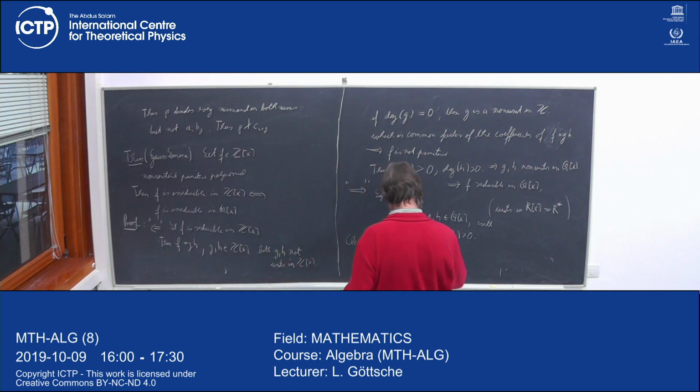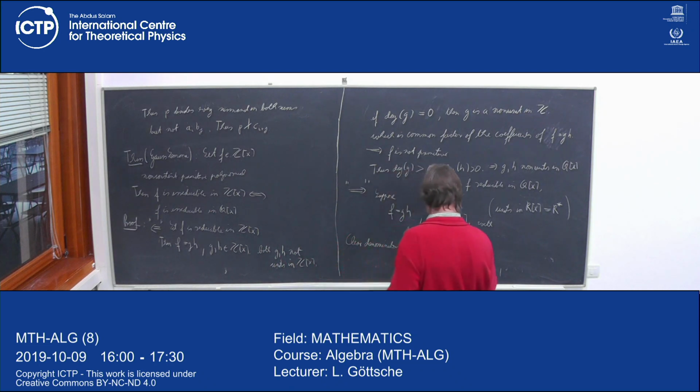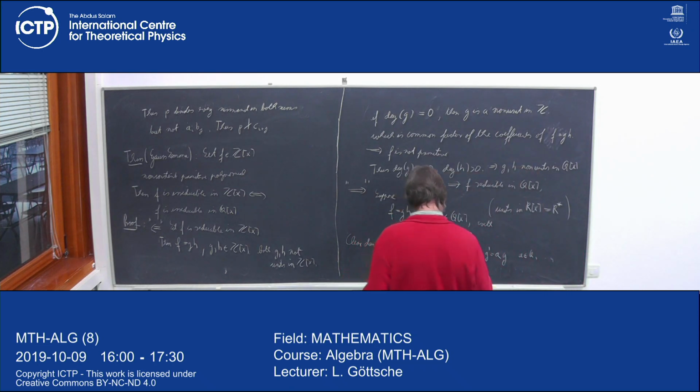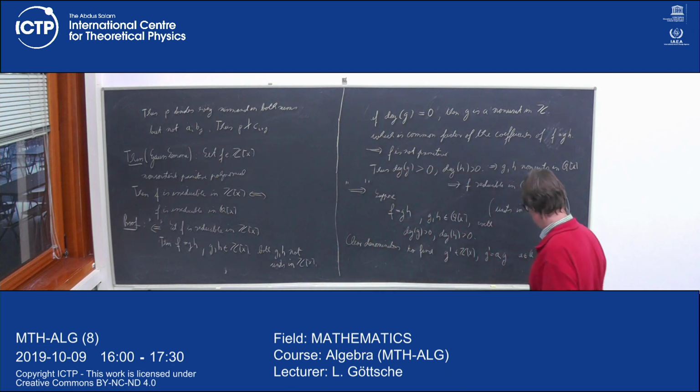So to find, say, the G prime in Z[x] with G prime equal to A times G, where A is in Q, and G prime is primitive.